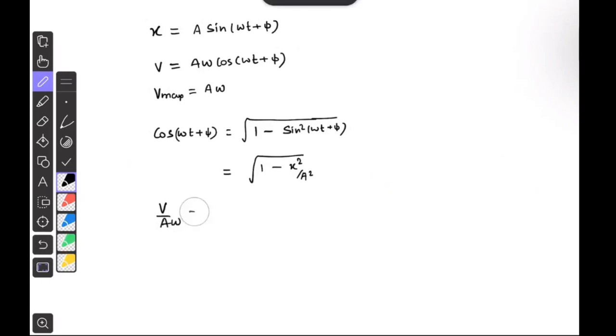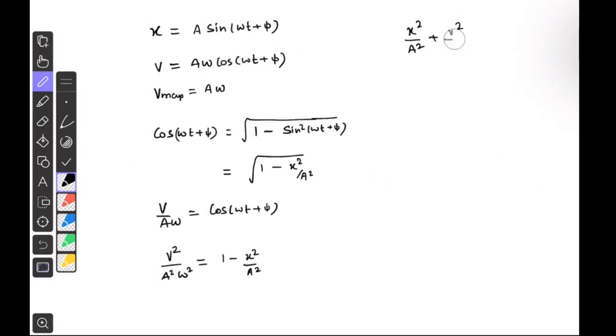V by A omega is our cos omega t plus phi. Squaring both the sides, we get v square by A square omega square will be equal to 1 minus x square by A square. So what we get is x square by A square plus v square by A square omega square is going to be equal to 1. So what really the curve I will have if I plot x versus v, it will be an ellipse or not? Yes.